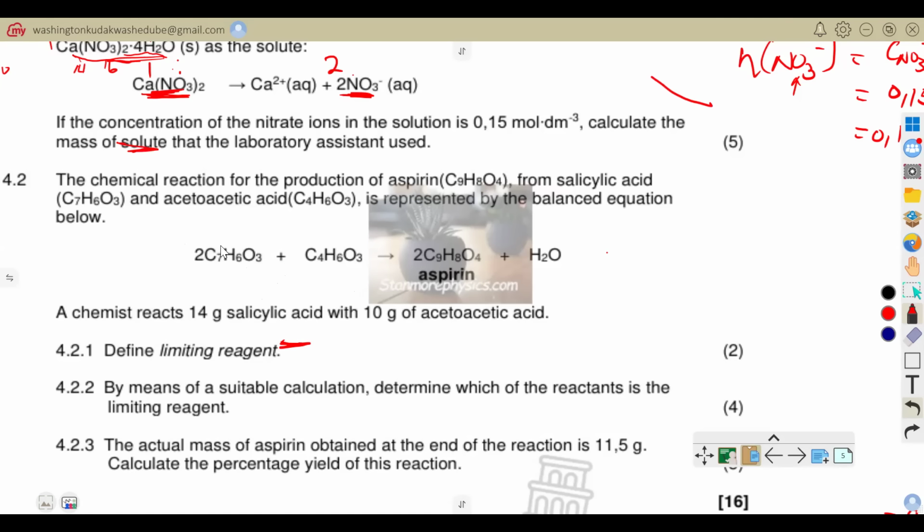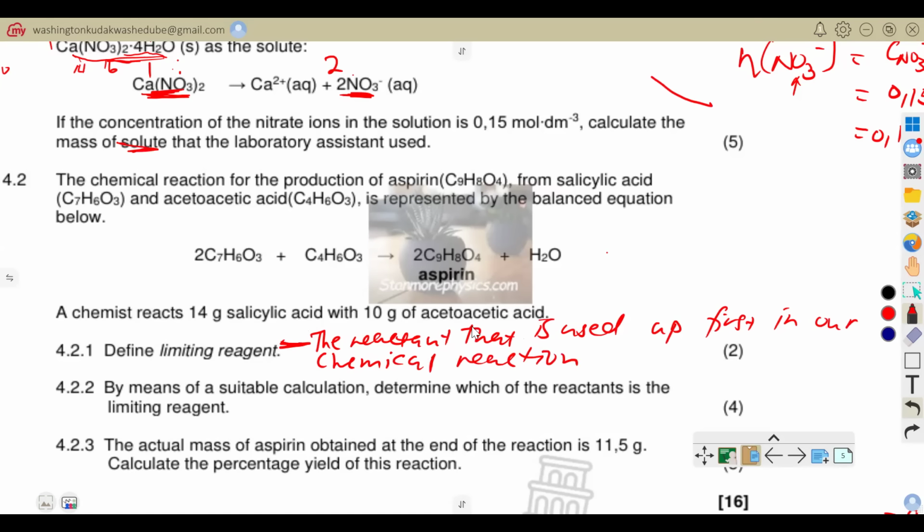So the limiting reagent can be defined as the reactant that is used up in our what? In our reaction. Or else you can say that it is the reactant that is used up first in our chemical reaction.